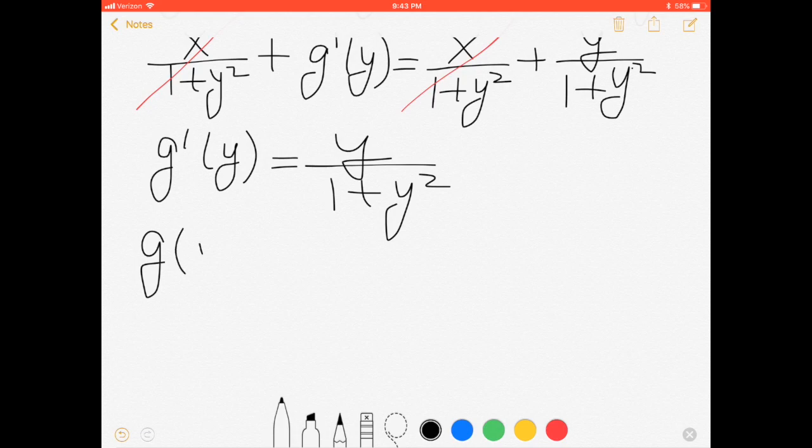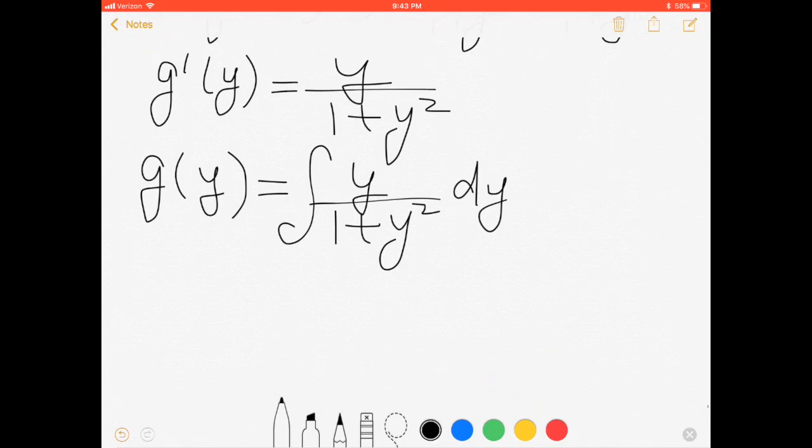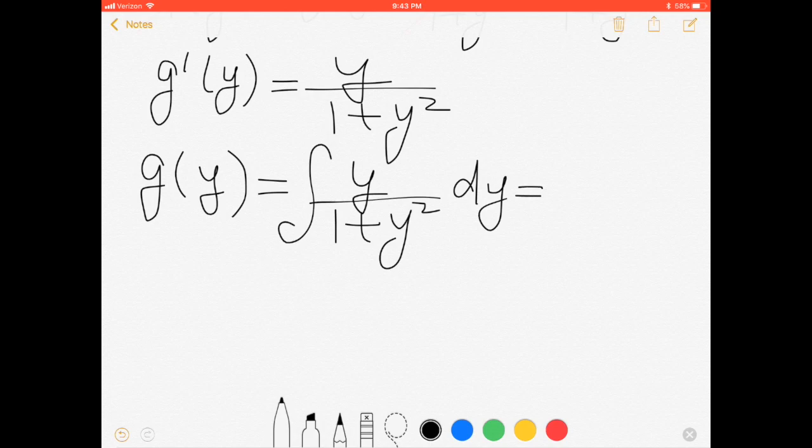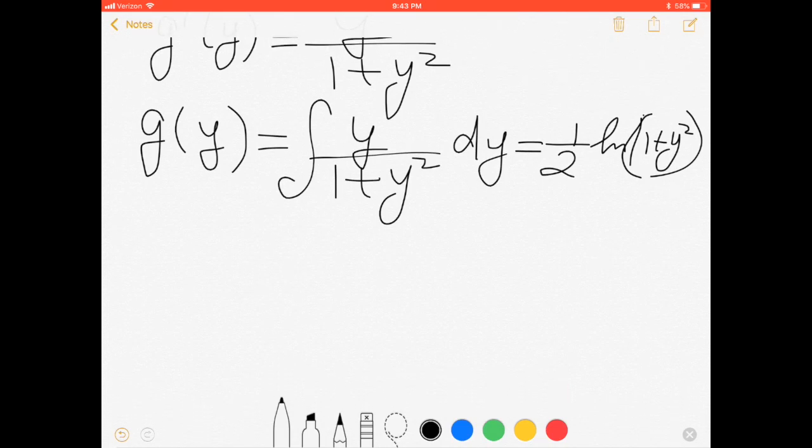This means g of y is the integral of y over 1 plus y squared, dy. We did this integral a couple of times. It will be 1/2 natural log of 1 plus y squared. Because it's always positive, I don't need the absolute value. Okay, I think we're ready to write our answer.